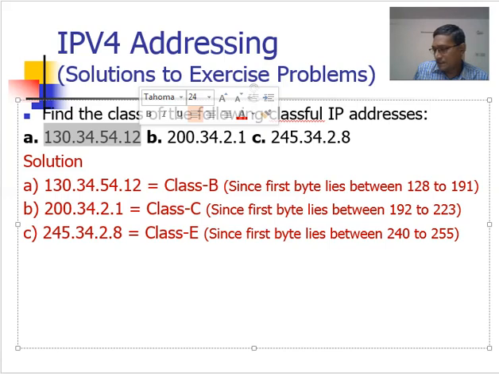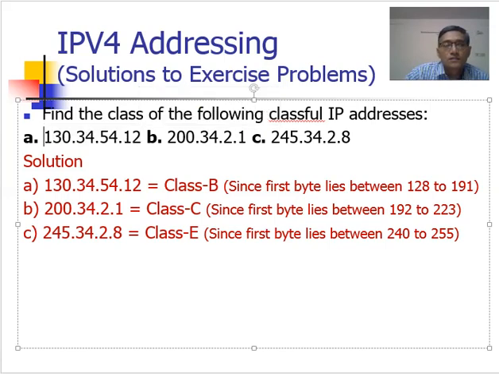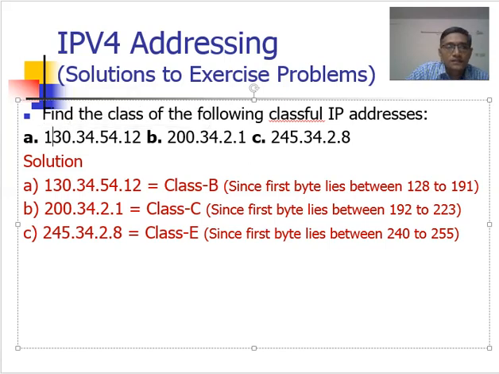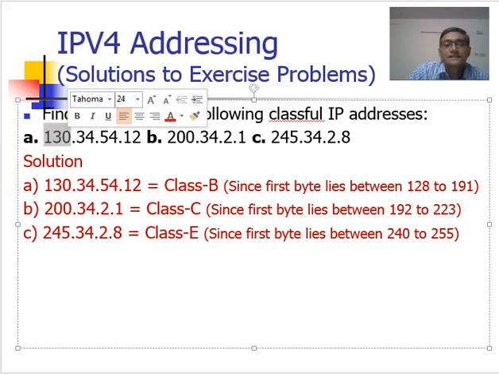Now for class A, because only 8 bits are represented in the network part, we need to note only the first part of the corresponding IP address. With this itself we can identify which class it is. For class A, because the network part is only 8 bits, and in that 8 bits the first bit is for the prefix, the remaining 7 bits are for the network.